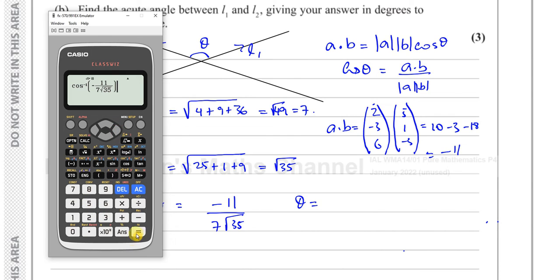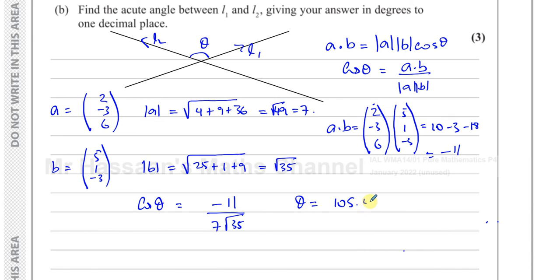And that gives us 105.403, which continues on like that. So therefore the acute angle that we're looking for, this is not acute. If it was acute, that would be our answer. If it's not acute, it's 180 minus 105.403.